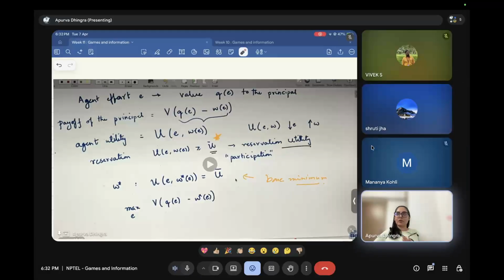Okay. And it's a function of effort and wage, right? So if you're okay to think about it in a slightly subjective manner, then you can think of it like a work-life balance kind of rating that you can give to any company based on the number of hours they expect you to work.